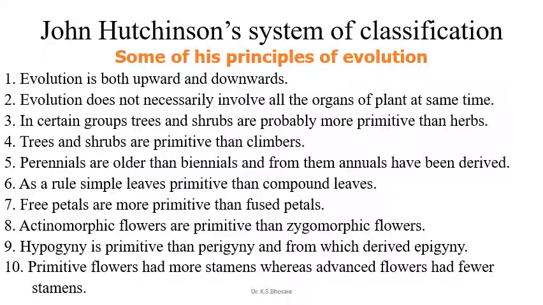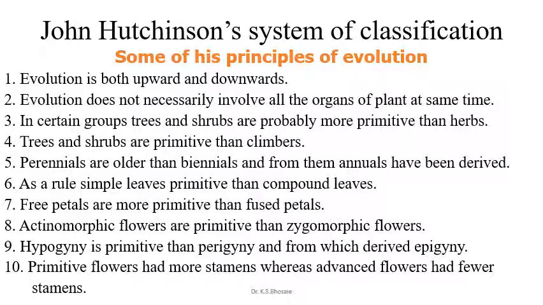In certain groups, trees and shrubs are probably more primitive than herbs. Trees and shrubs are more primitive than climbers. Perennials are older than biennials, and from them annuals have been derived. As a rule, simple leaves are more primitive than compound leaves.